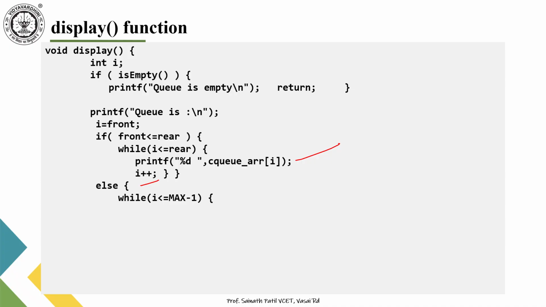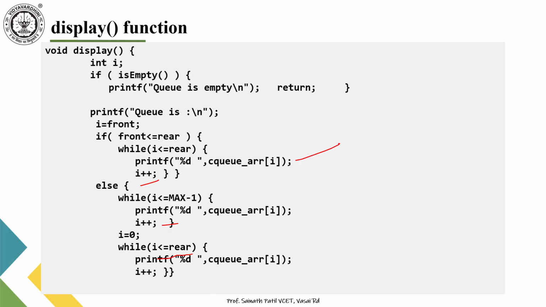Else, while I is less than or equal to max minus 1, we print the content of the array and increment I every time. And then in the else itself, we set I equal to 0 and while I is less than or equal to rear, we display the content. That is the display function.